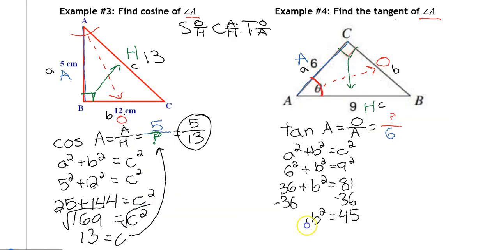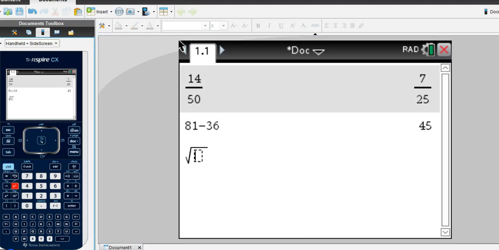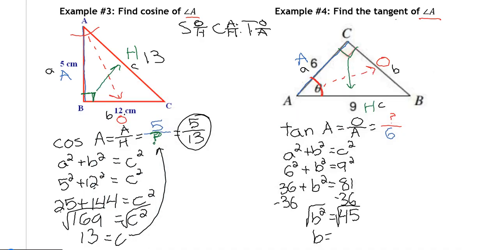Then I need to take the square root. So B equals, again, if I typed in the square root of 45, we get a bad number. So I'm just going to leave it as the square root of 45. And just like before, that number then replaces our question mark.